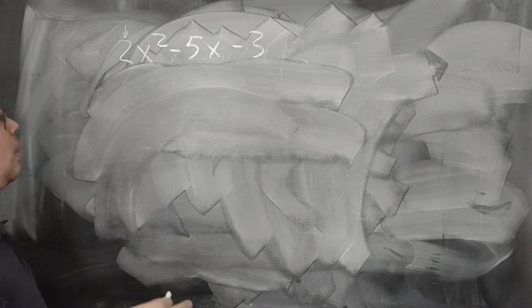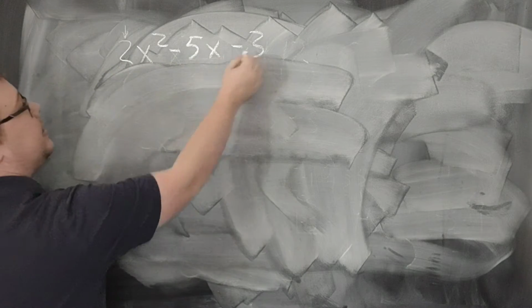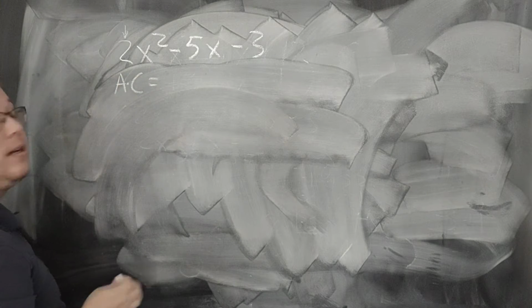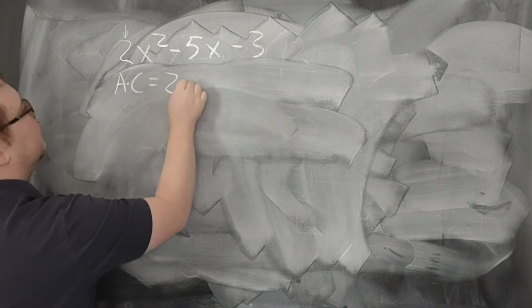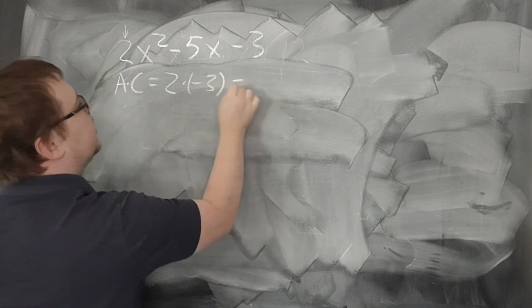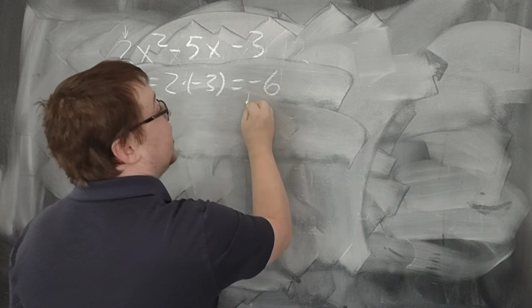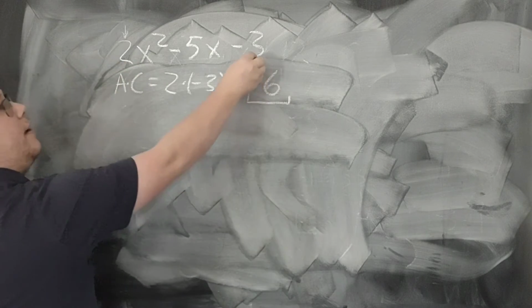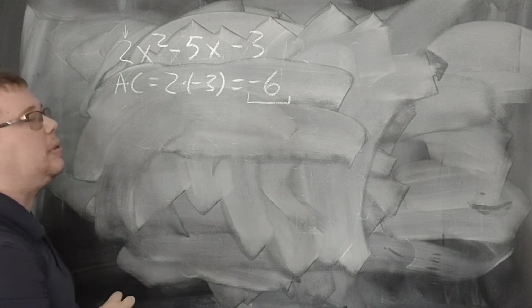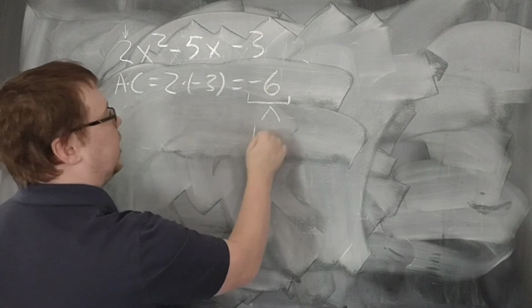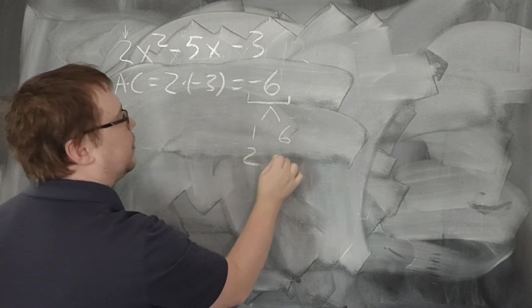So if you look at any quadratic, this is a, b, and c. So a times c is 2 times negative 3, which is negative 6. So I'm going to actually use negative 6 instead of negative 3, and you'll see why in a little bit. So two numbers that multiply to give you negative 6 are 1 and 6, or 2 and 3.